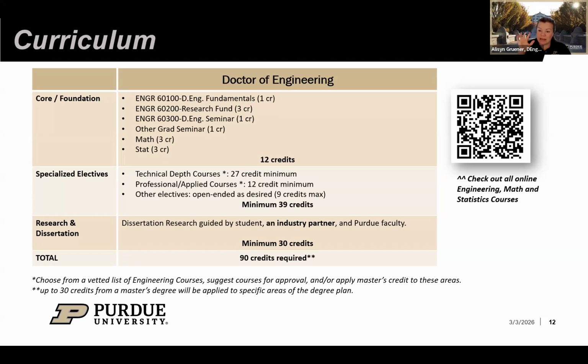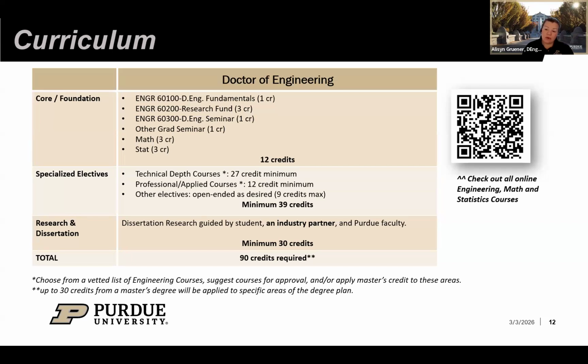We want to see plenty of technical classes, some professional applied, and then some maybe open-ended things. If you are intersecting a different industry that's outside of engineering, you might take some management classes, some science classes, some computer science classes, some data classes. So things like that, you can use those elective credits for.